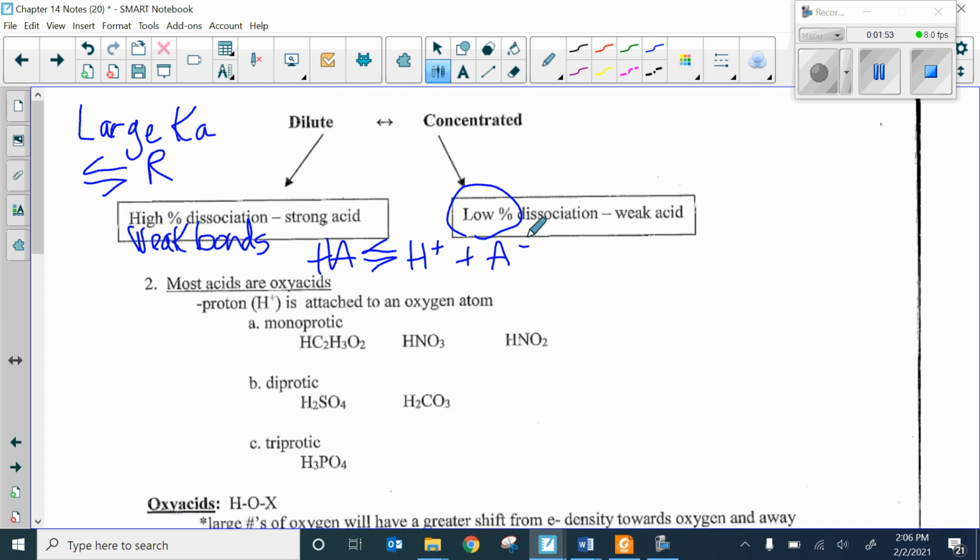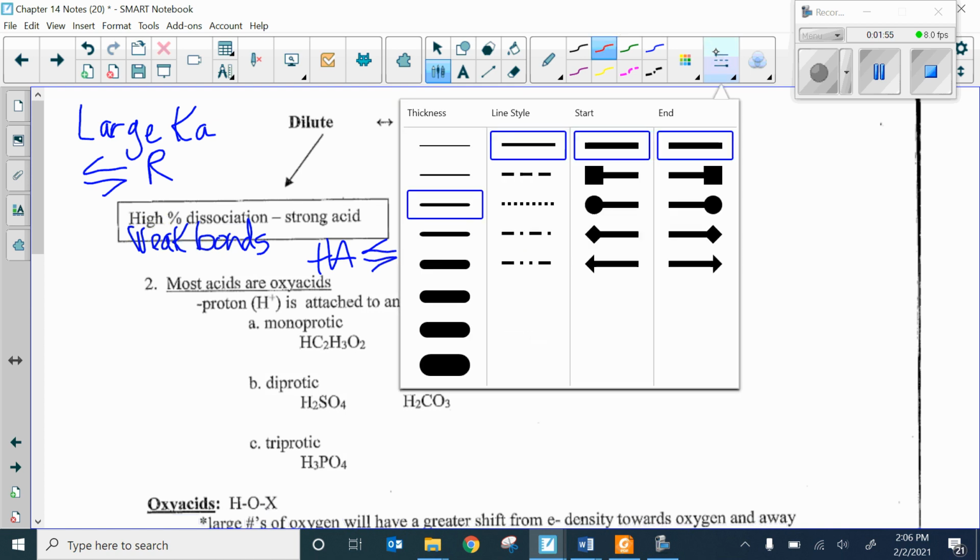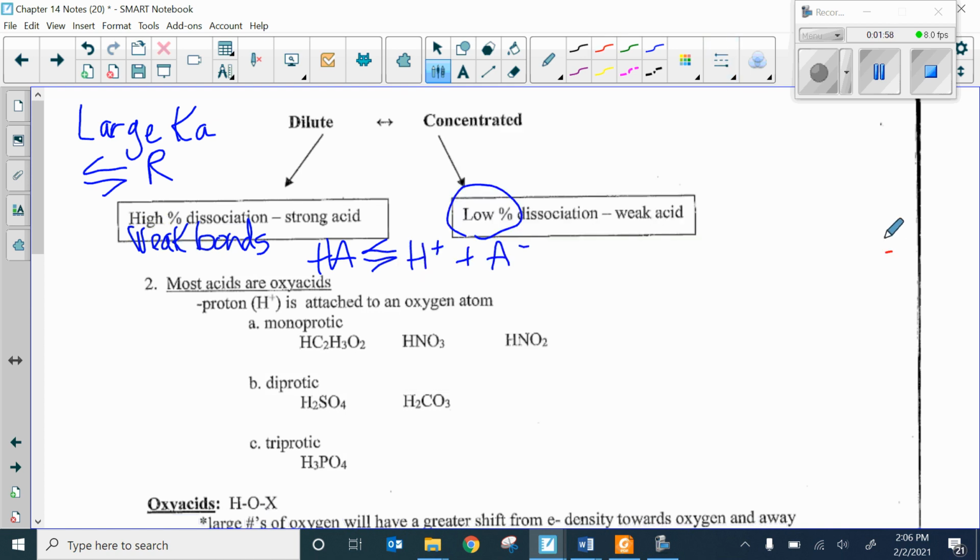Here we need to remember that a really strong acid dissociates 100%. So if I have a concentration of 1.0 for this strong acid, the concentration of the hydrogen ion is also 1.0, and its conjugate is also 1.0 in terms of molarity.